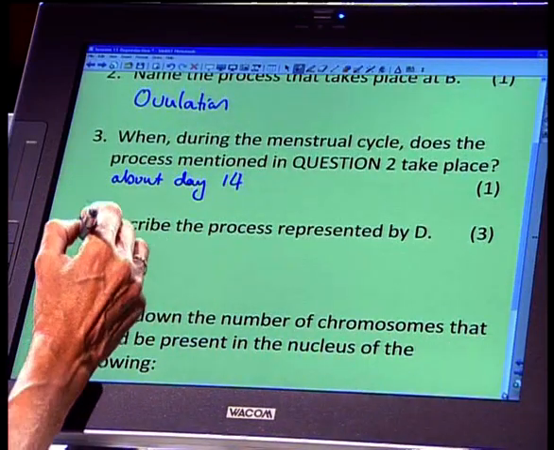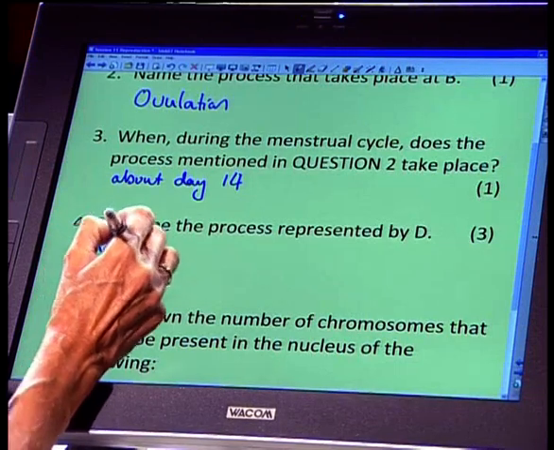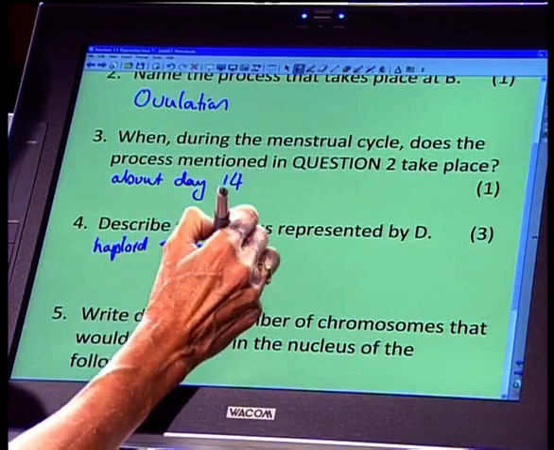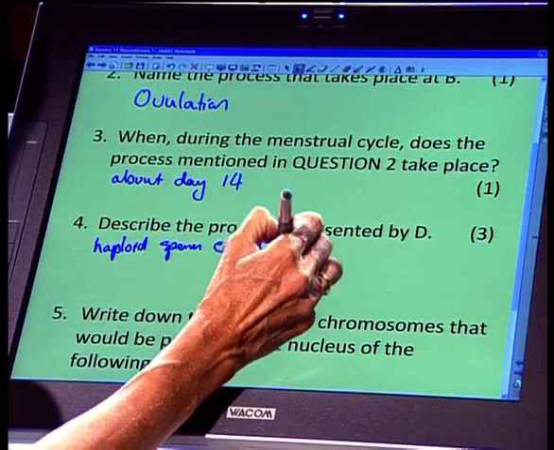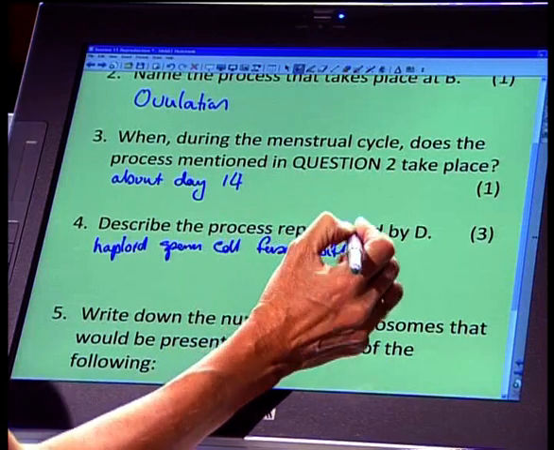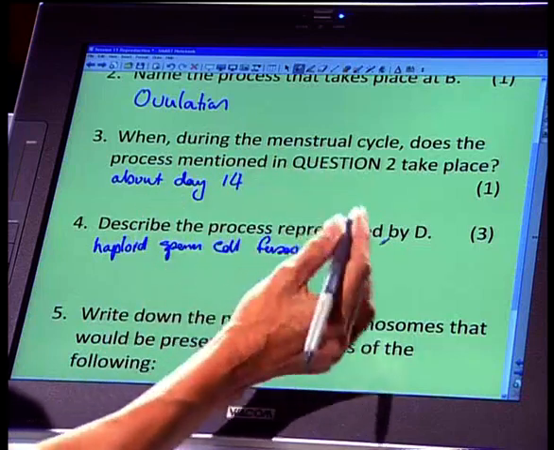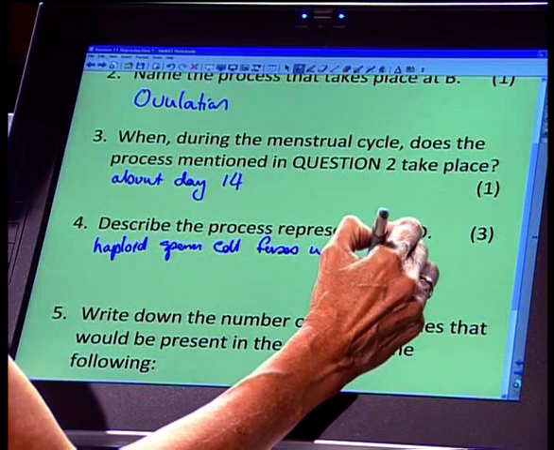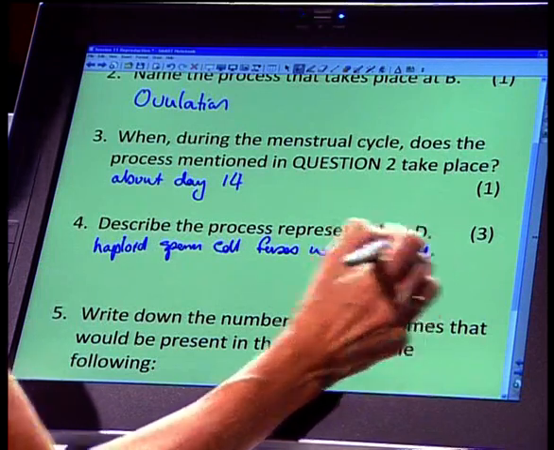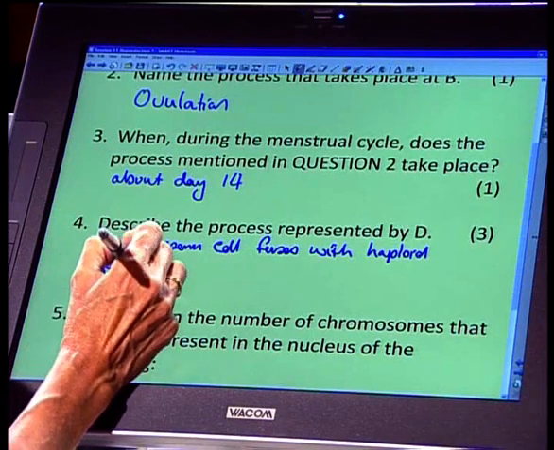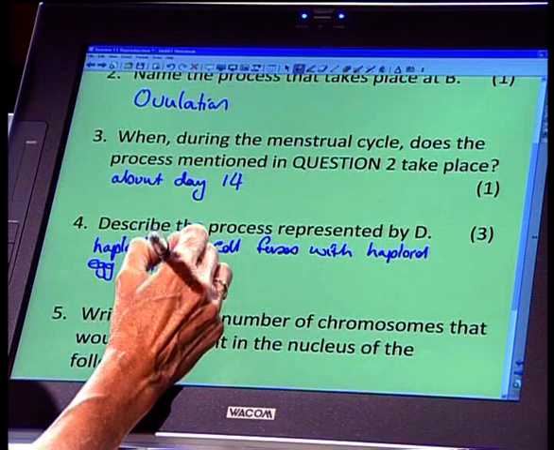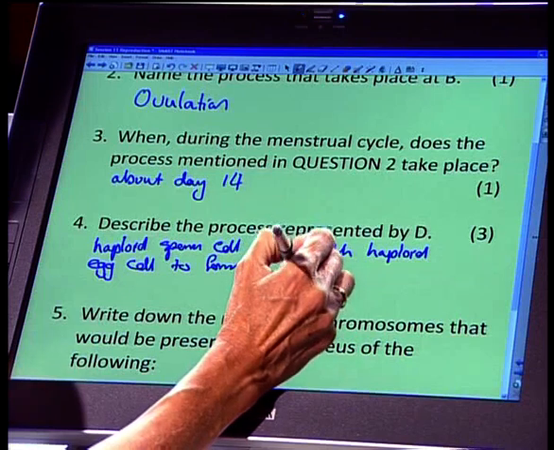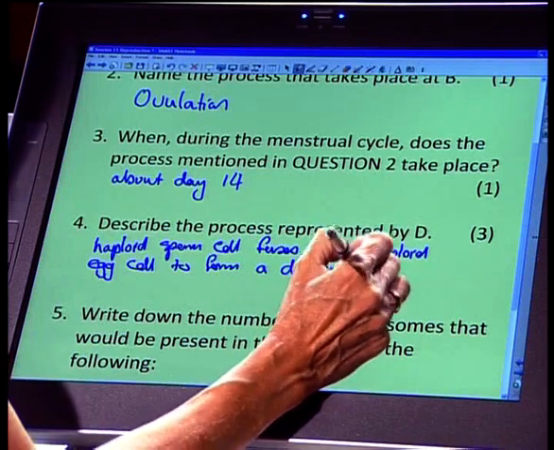We are going to have a haploid sperm cell that fuses with, and you'll see there are things that I keep repeating because they go into questions, a haploid egg cell to form a diploid zygote.